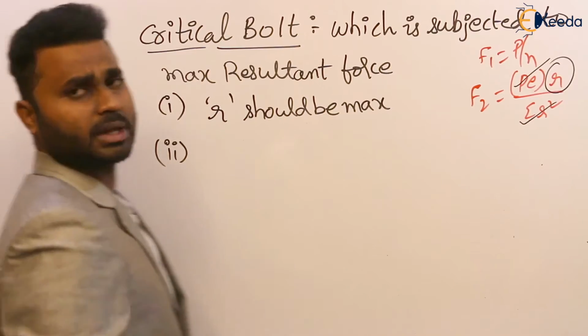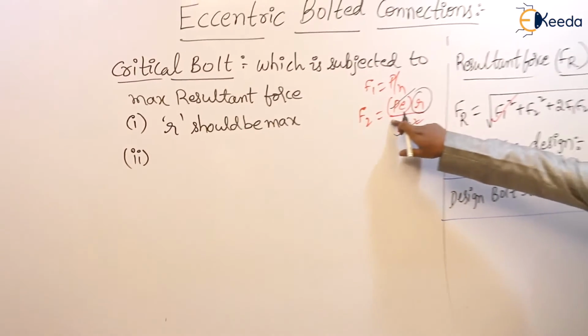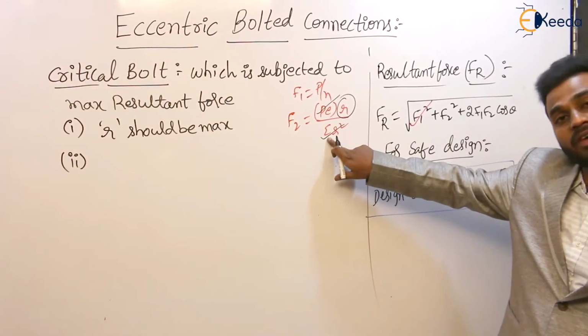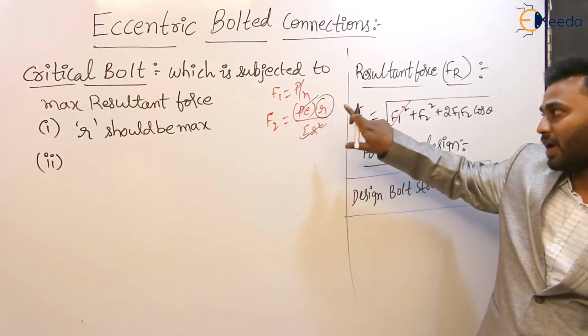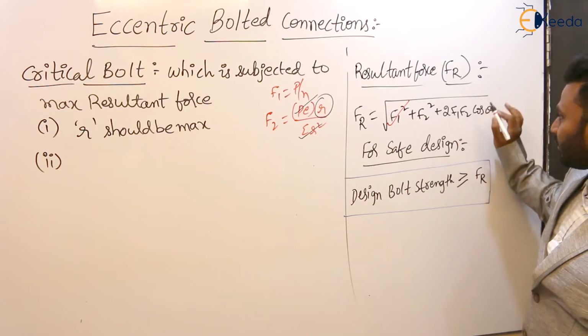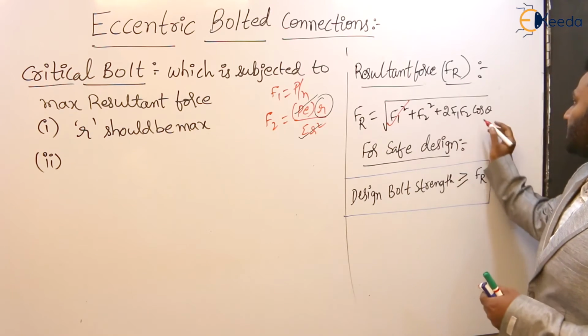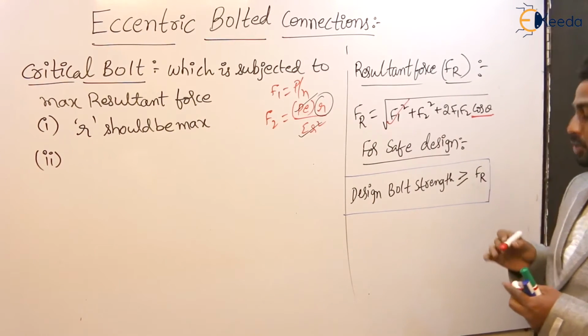So F1 and F2 are completed. Why? Because F1 is constant for all the bolts, and in F2, P E and sigma R square are the same for all the bolts and R is changing. So if R is maximum, then F2 is maximum. Now coming to theta, which changes from bolt to bolt in the group.